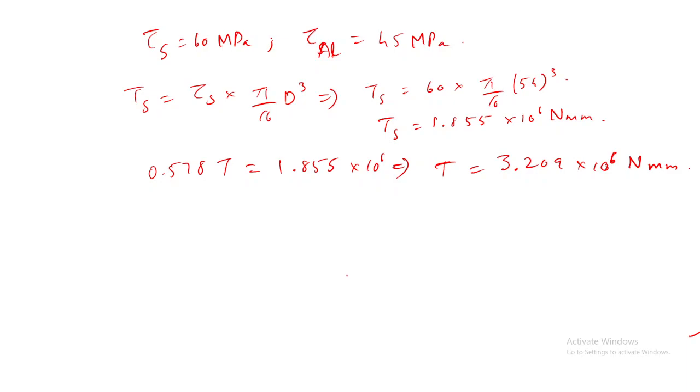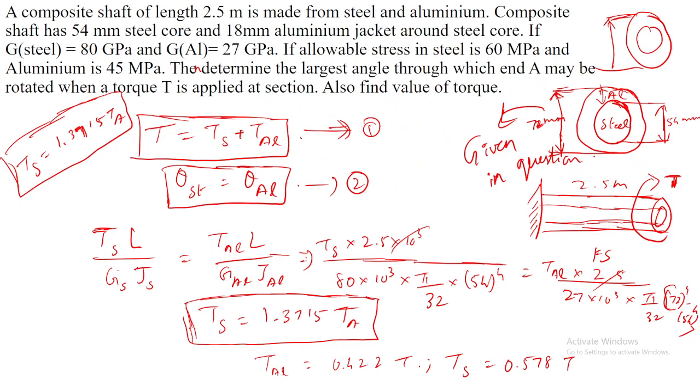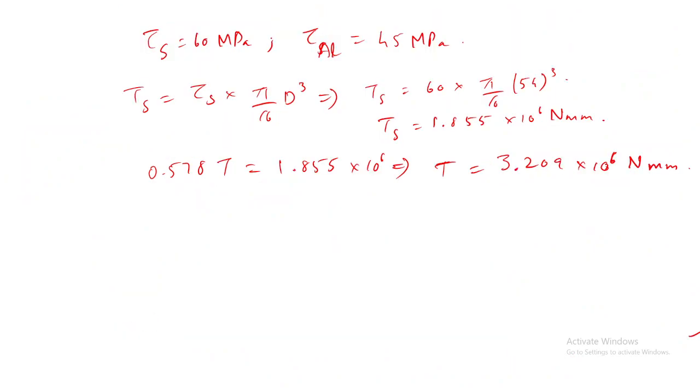Sir, by the compatibility equation, T aluminum, I am getting 2.254. Okay, so when you got the compatibility condition for aluminum, how much did you say? 2.254. So instead of steel, you have done it for aluminum, right? Yes, sir.